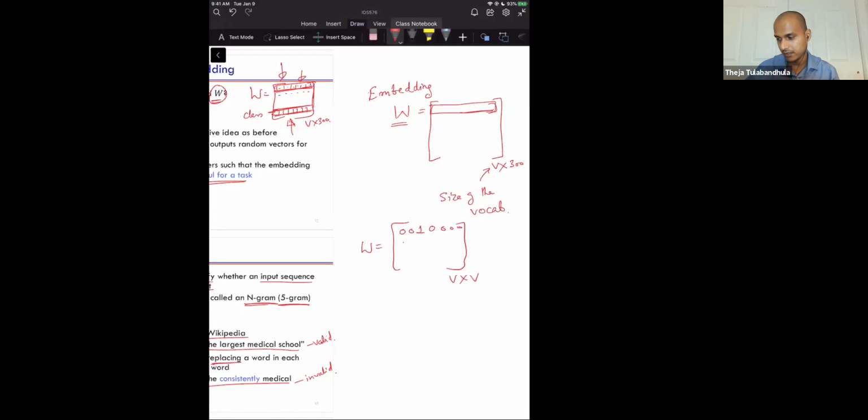If the next word is dog, then there'll be a one for that, and everything else 0. So this is one-hot encoding of the words. But here the vector length is capital V, which could be, let's say, 50,000. This is what we discussed last time.